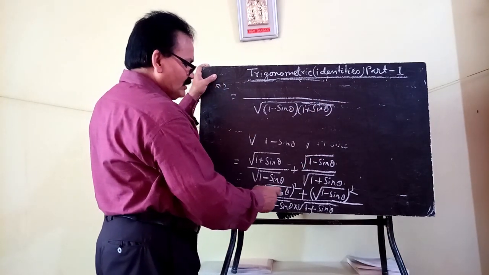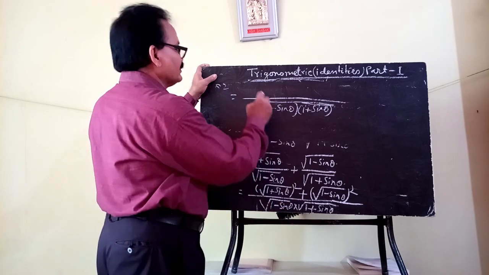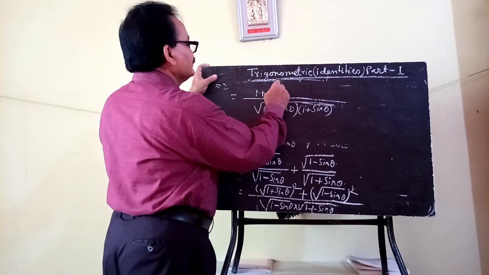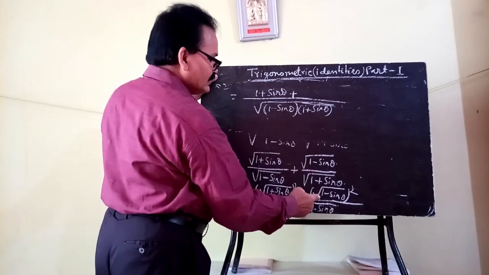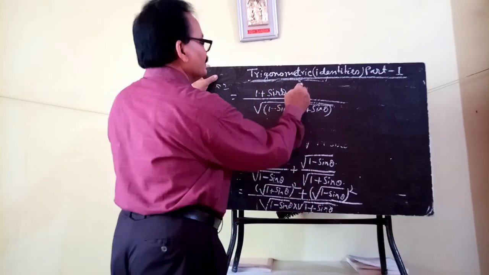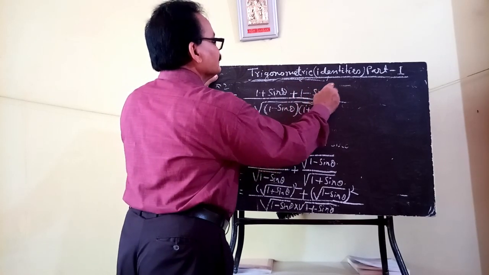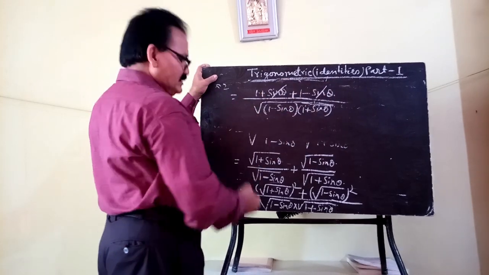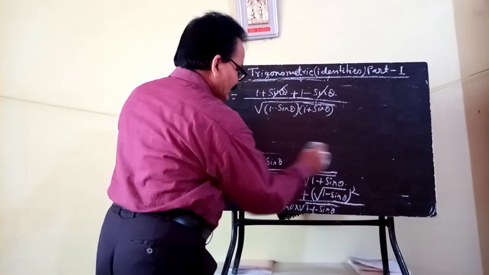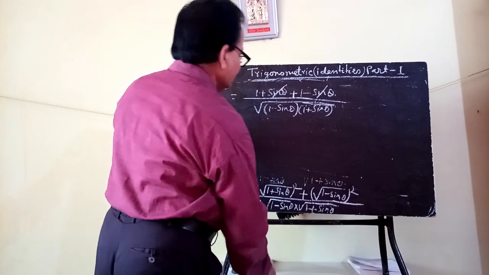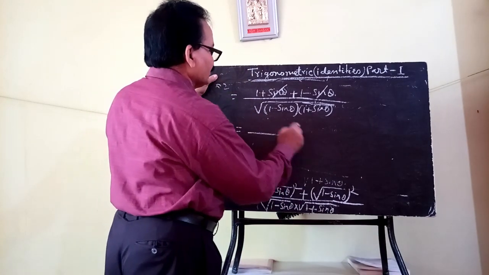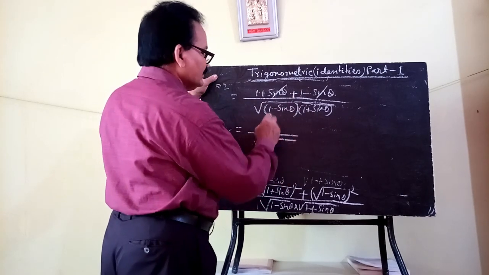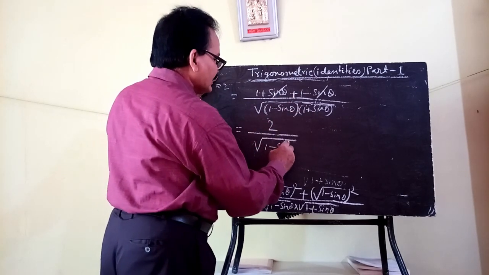Now square root of 1 plus sin theta in the numerator whole square, so root will be out. So this will be your 1 plus sin theta plus in the other one that will be your 1 minus sin theta. So what will happen again? You see, this sin theta cancel each other. So ultimately in the numerator what you have got? In the numerator it is your 2. 1 plus 1 is 2, and in the denominator this is your 1 minus sin square theta.